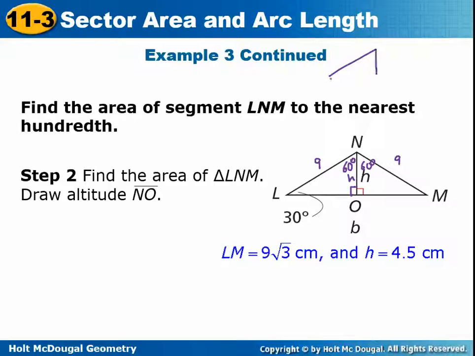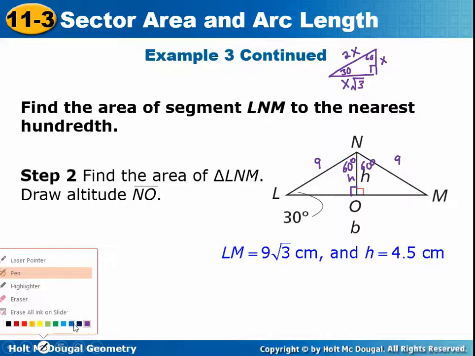Remember the 30, 60, 90 triangles? So in a 30, 60, 90 triangle, a right triangle, if you know X, the short leg, then the hypotenuse was twice as big as that. And the third side was the short leg times the square root of 3.